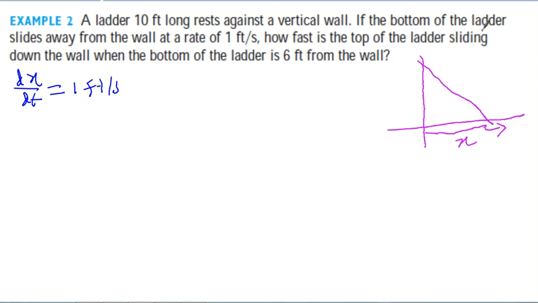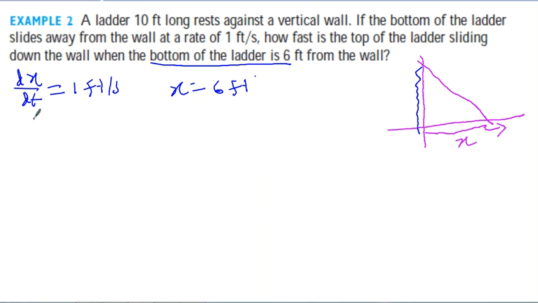Now, if the bottom of the ladder slides away at the rate of 1 feet per second, how fast is the top of the ladder sliding down the wall when the bottom of the ladder, once again, is given as x equal to 6 feet?